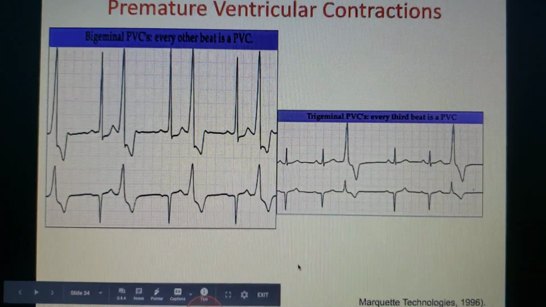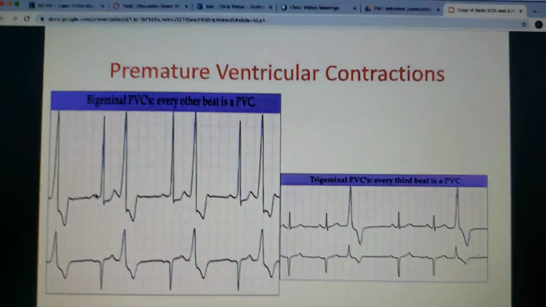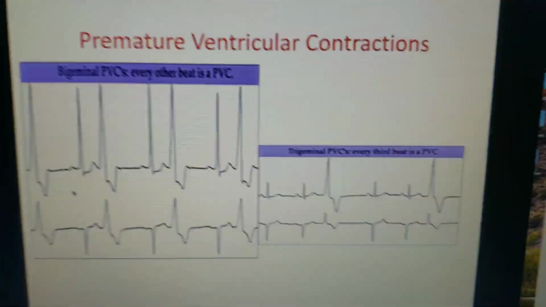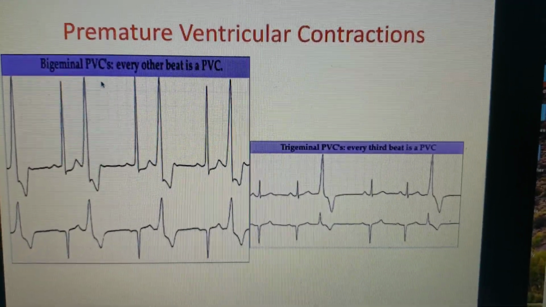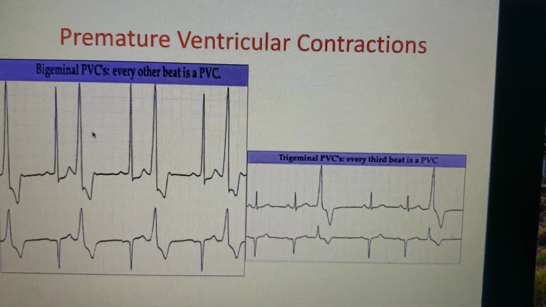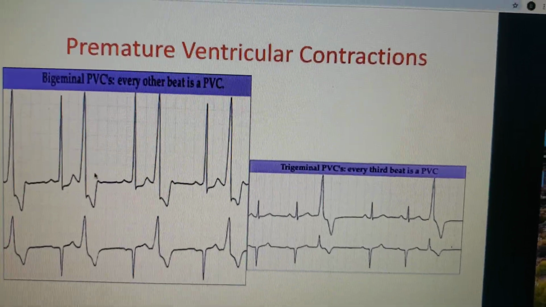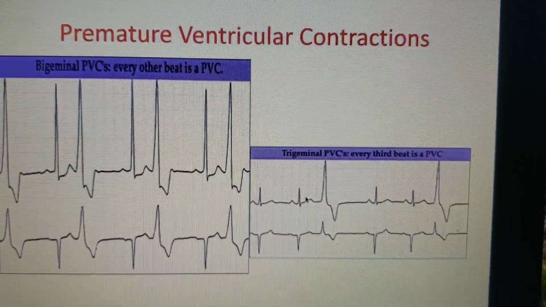So then you also have bigeminal PVCs, where every other beat is a PVC. So you have a normal beat and then a PVC, a normal beat and a PVC. So every other beat ends up being a premature ventricular contraction, and they call that bigeminal. Okay, every other beat. Okay, then you have trigeminal, which is every third beat has a PVC.